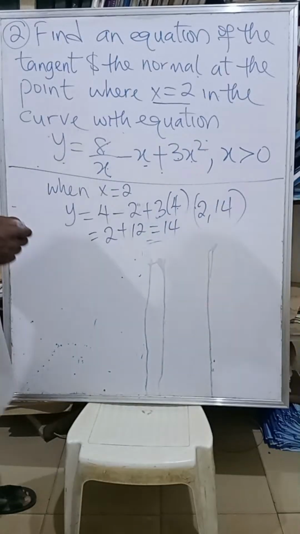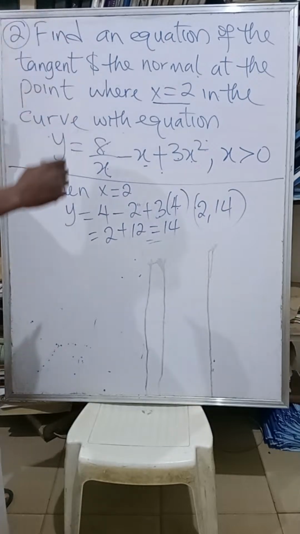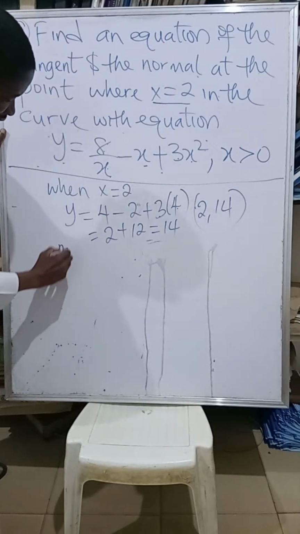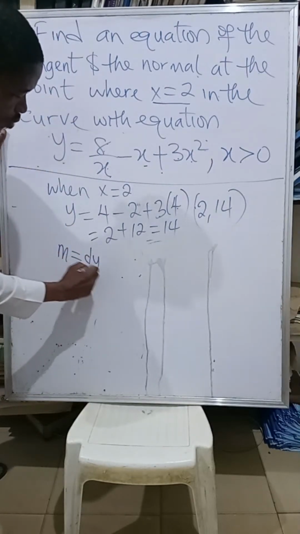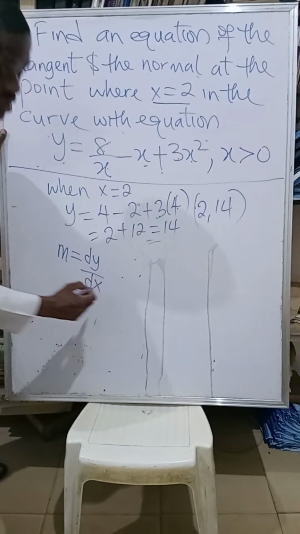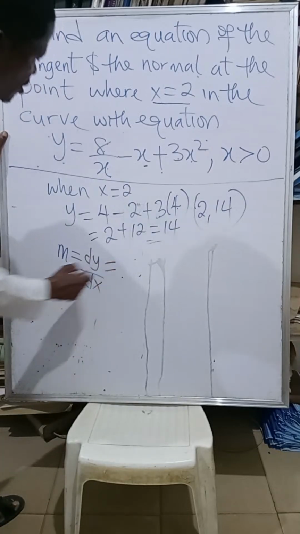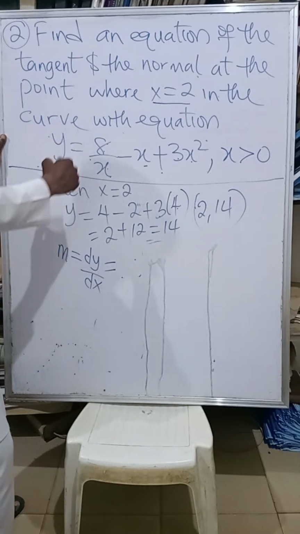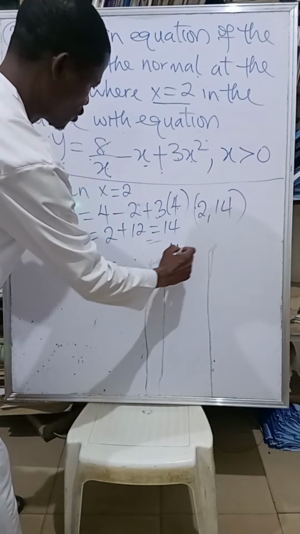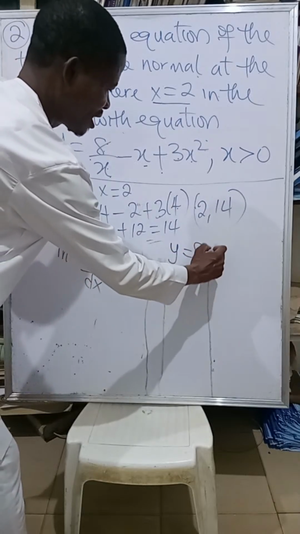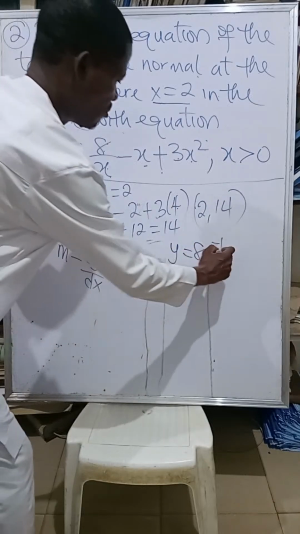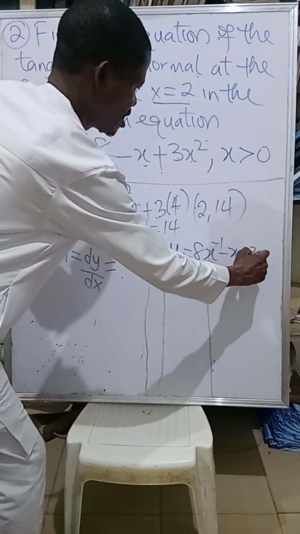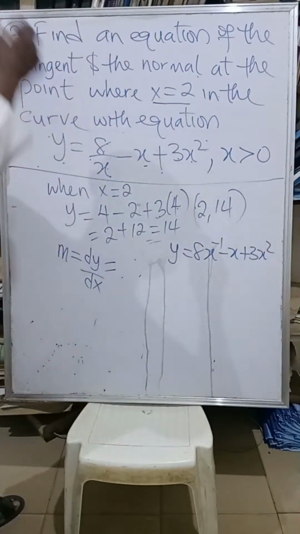So then the next thing to do now is to get the gradient or the slope, which is dy/dx, the differential coefficient. Okay. So for us to do this, it's better to write the equation in this form: 8 times x to the power minus 1, minus x, plus 3x squared.